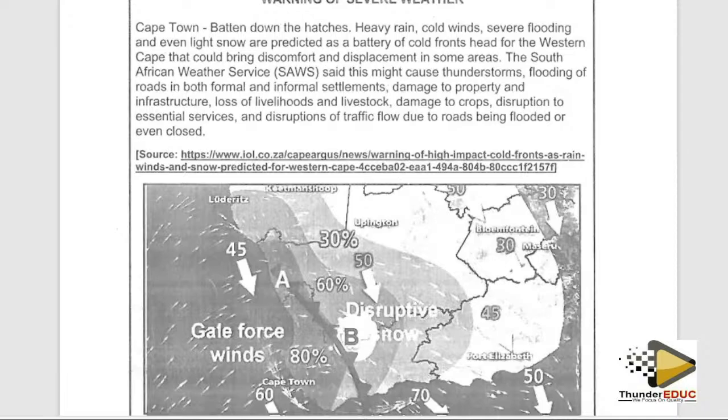The South African Weather Service said this might cause thunderstorms, flooding of roads in both formal and informal settlements, damage to property and infrastructure, loss of livelihoods and livestock, damage to crops, disruption to essential services, and all right.